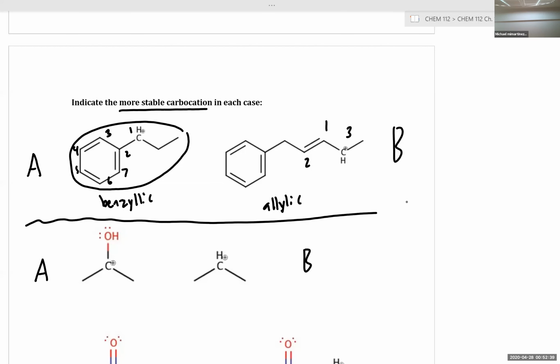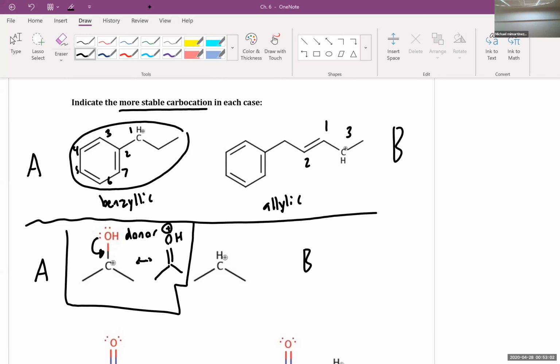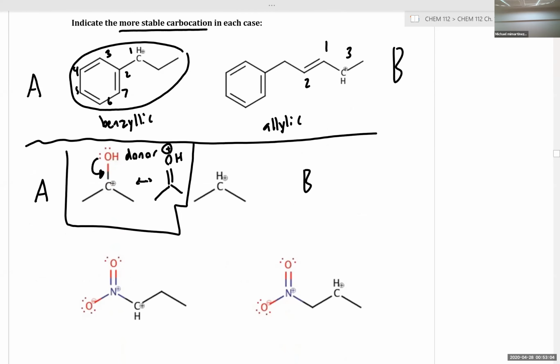I see a lot of people typing A. So if we look at adjacent atoms, this oxygen is a resonance donor. So we can just as easily delocalize our charge to stabilize our carbocation. So we're 100% correct that A is more stable.